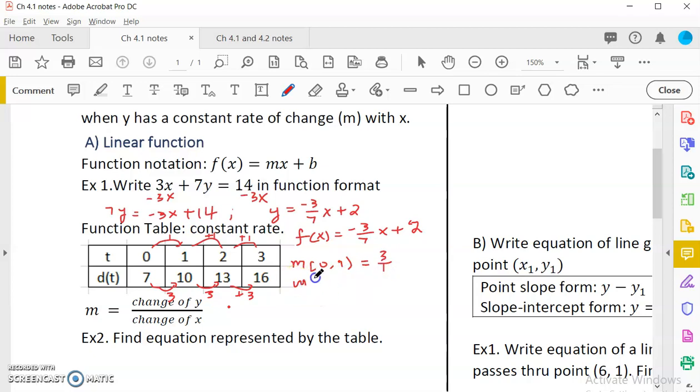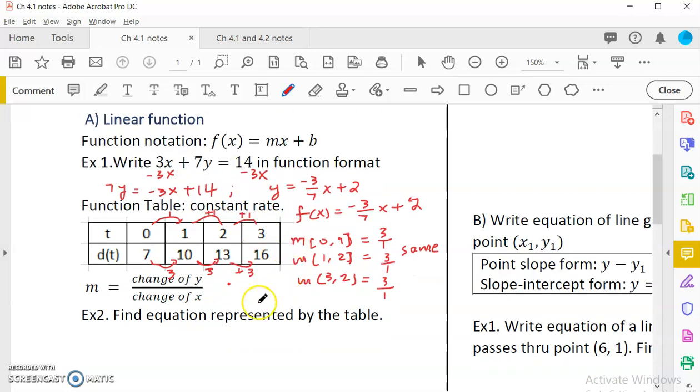The rate of change between 1 and 2 is also 3 over 1. This is the change. The rate between 2 and 3 is also 3 over 1, so they're the same. So if they have the same rate, then they are linear functions.